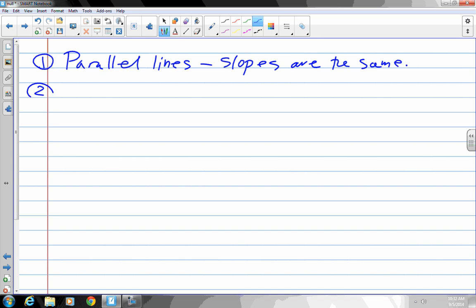What about perpendicular lines? The lines that form a 90-degree angle when they cross. Who remembers the relationship between slopes of perpendicular lines? So reciprocals, is that it?